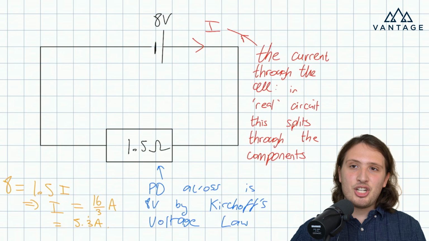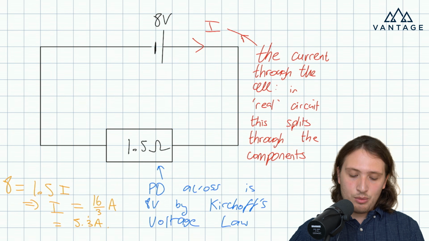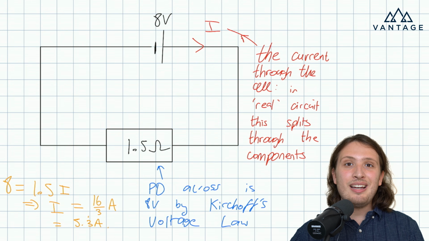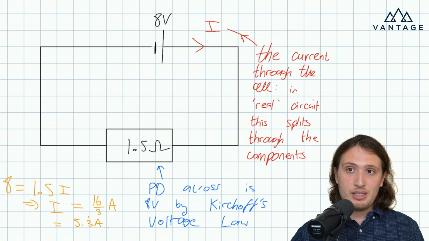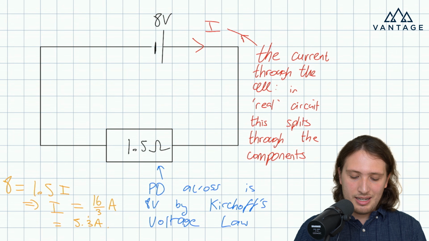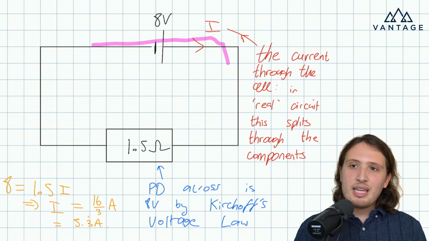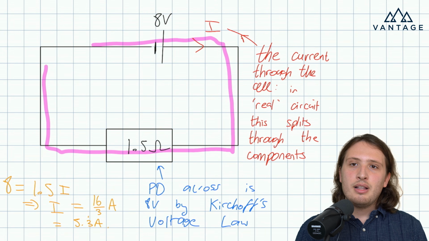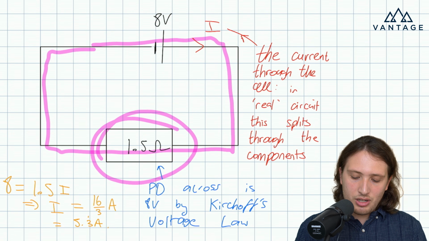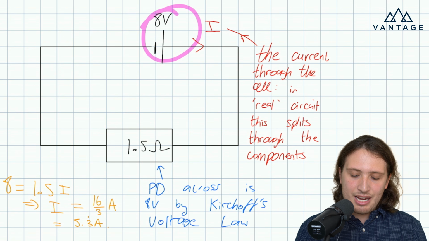So now we imagine having a circuit where instead of all those resistors spread around, we've got a single resistor whose resistance is this total resistive load, 1.5 ohms. Now, let's think about what we learn from V equals IR on this imaginary component. First of all, by Kirchhoff's voltage law, the potential difference across that component is 8 volts.